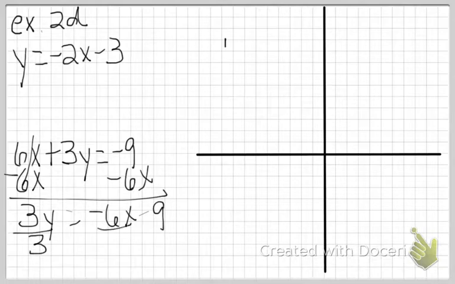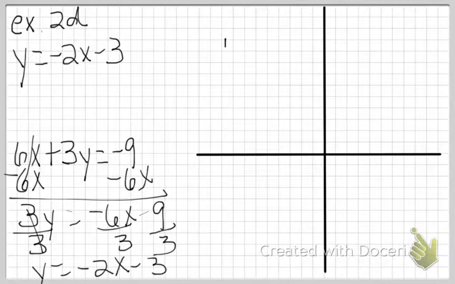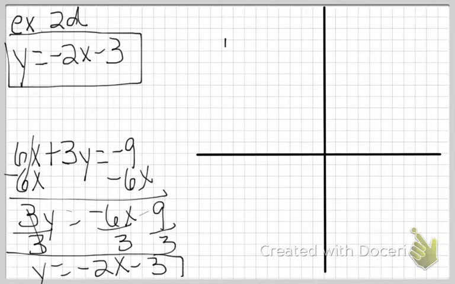Divide by 3. So y is equal to negative 2x minus 3. Now, as you can see, these two equations are the exact same equation. They are two separate equations, but when we go to graph them, always make sure you label your x and y axis.